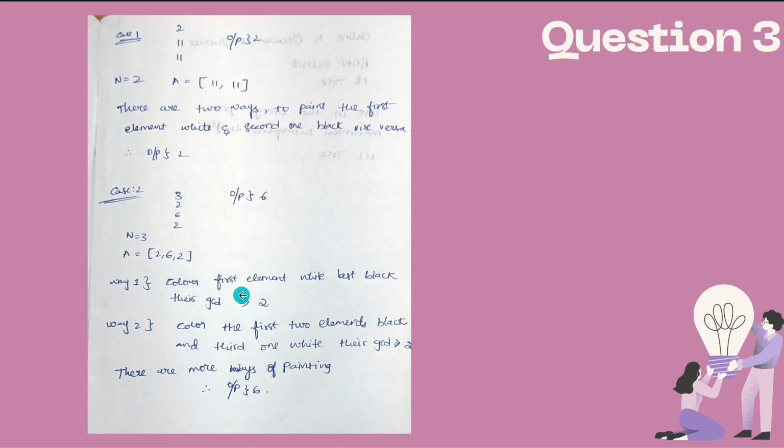The ways to color: color the first element white and the last element black, and their GCD is 2; color the first two elements black and the third one white, so this GCD is 2. There are many more ways to paint. So the output is 6. This is the third question.